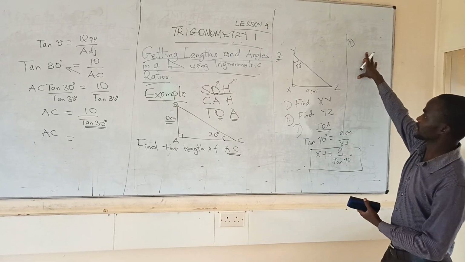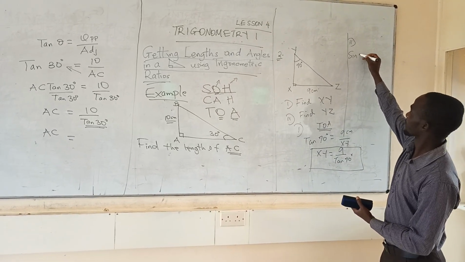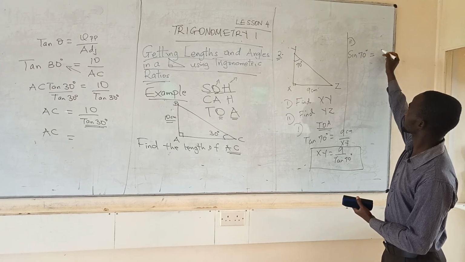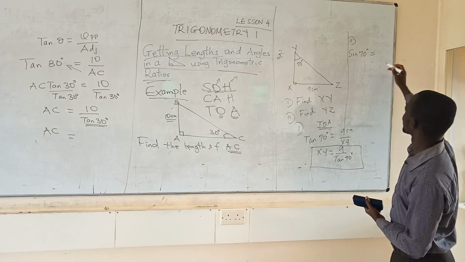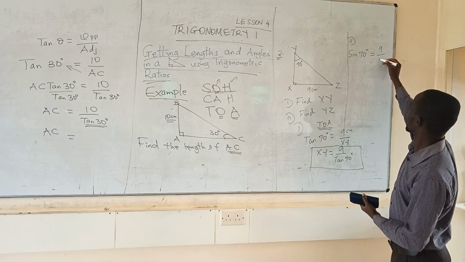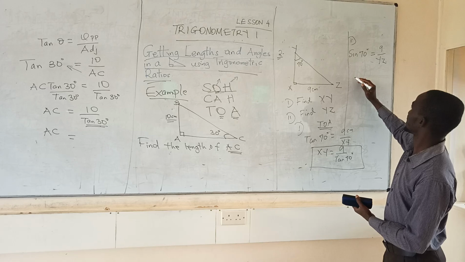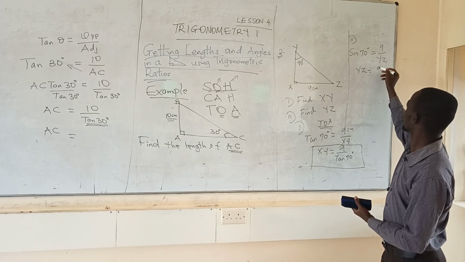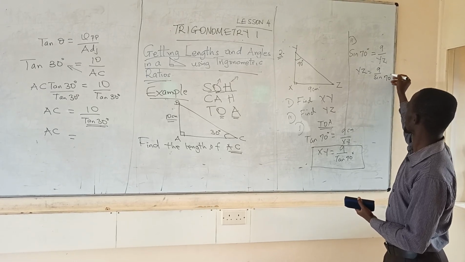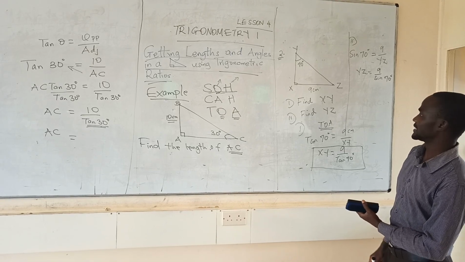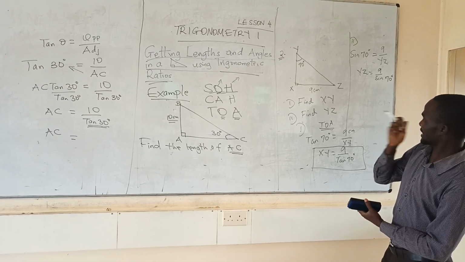So you will replace that: sine 70 degrees is equal to the opposite, which is 9, over the hypotenuse YZ there. So YZ will be 9 over sine 70 degrees.